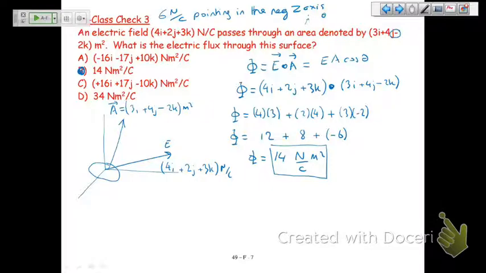If I did that, let's draw the diagram again. My A vector would be 3i plus 4j minus 2k meters squared, and the E vector would be in the negative z-axis, so it has no i's and no j's, but minus 6k.